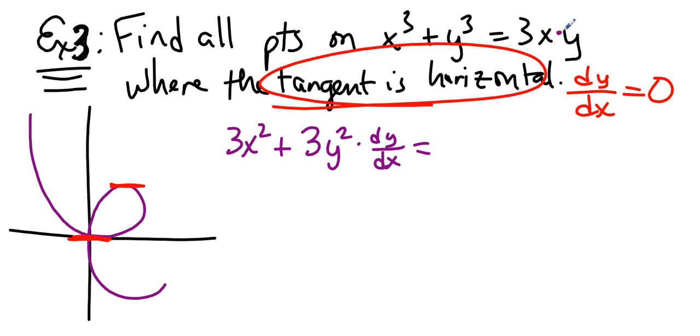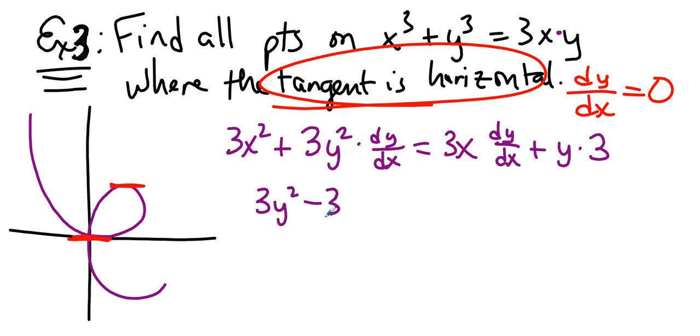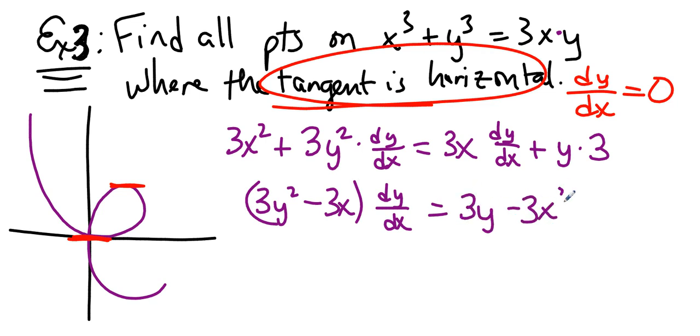And then the derivative on the right side is the derivative of a product. That's first times derivative of second plus second times derivative of first. Then our process says we kick all the dy/dx stuff to one side and factor. We kick the non-dy/dx stuff to the other side.